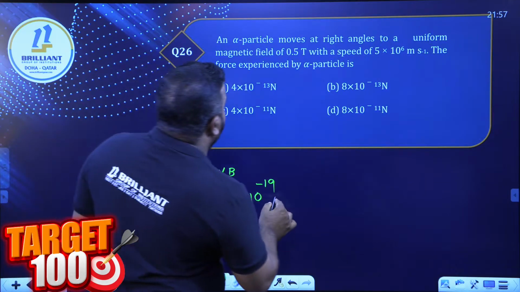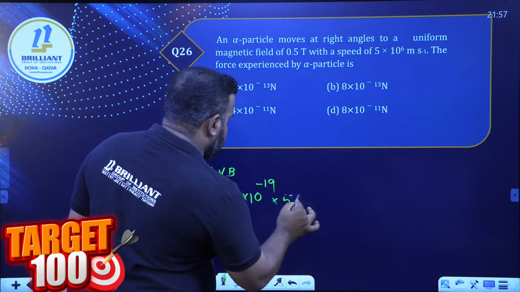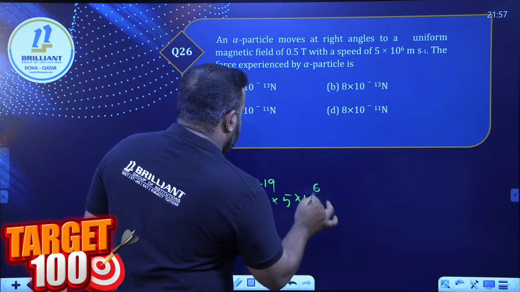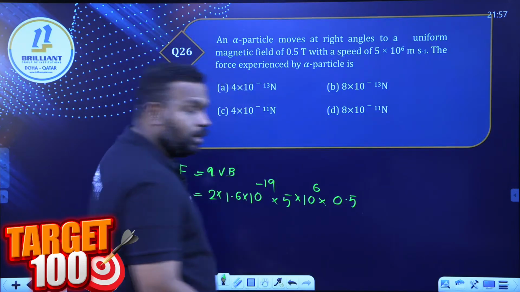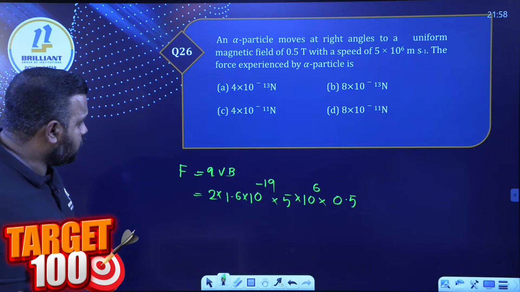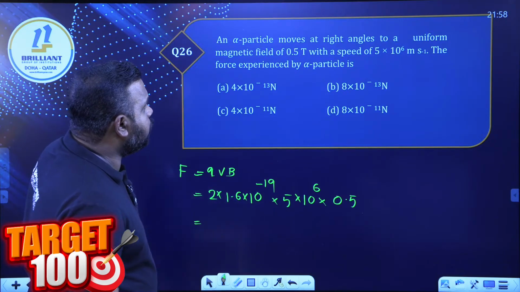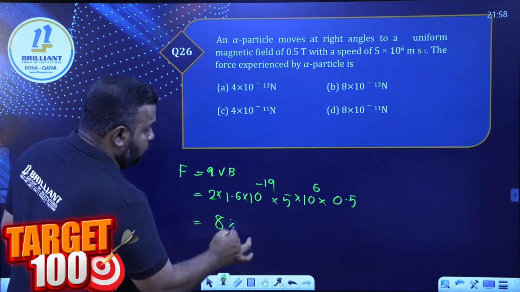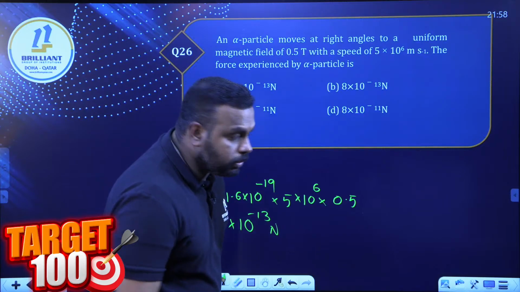Into velocity, given as 5 into 10 raised to 6. Magnetic field is 0.5 Tesla. So what will be the result? 1.6 into 5 will become 8. 8 into 10 raised to minus 13, yes, 8 into 10 to the power minus 13 Newton. This is the answer.